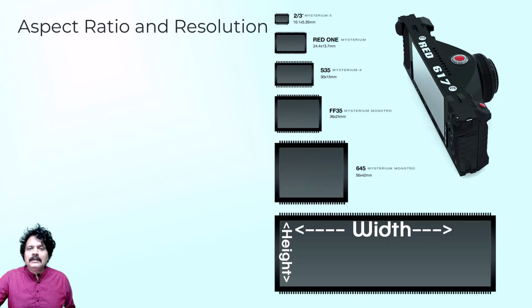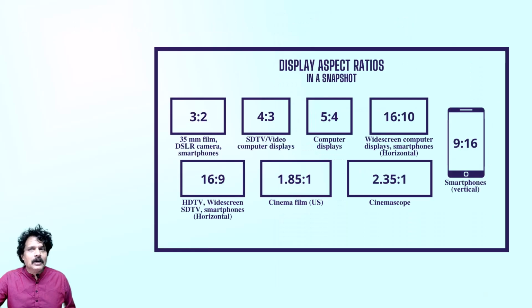The aspect ratio is the width divided by the height of the image. It defines how your story feels visually, and let's look at some standards used in film, TV and also in Unreal projects.